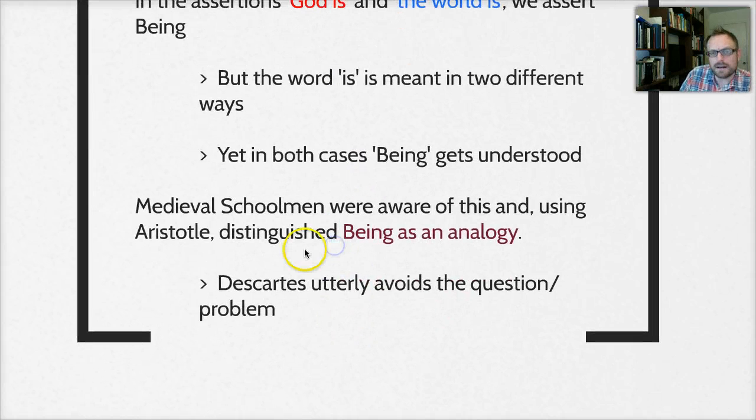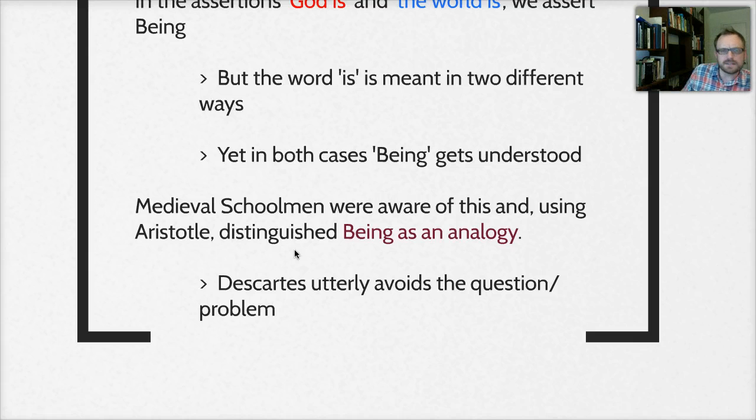Now, in Heidegger's PhD, his dissertation was actually on a medieval philosopher, Duns Scotus. And so he's aware of this, and he says, well, the medieval schoolmen, these medieval philosophers, were really aware of this, and they knew this, and using Aristotle as a jumping off point, distinguished and argued that being is analogical, that it's ultimately an analogy as opposed to other logical formations that are possible.